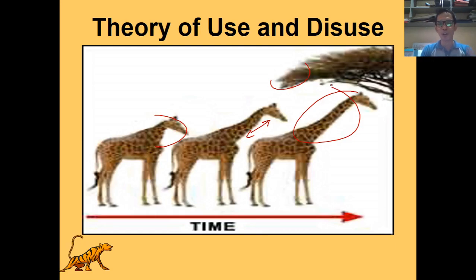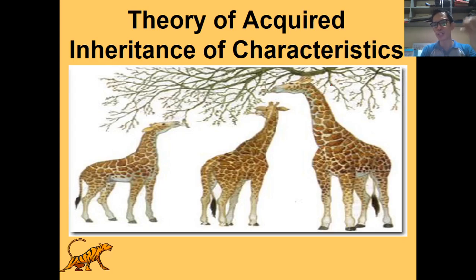Now the next theory is, according to him, that these characteristics obtained through the use and disuse of a particular part, for example, the neck of this giraffe.